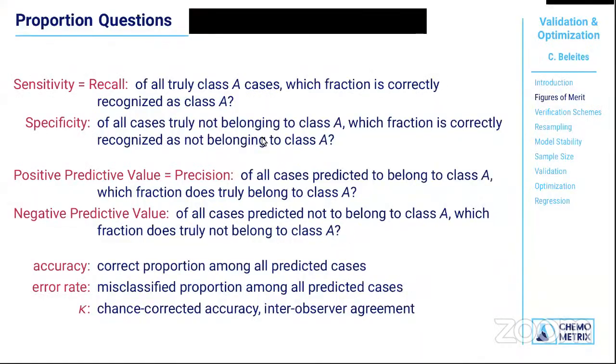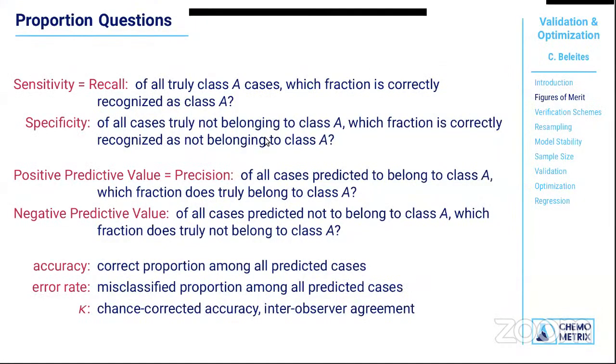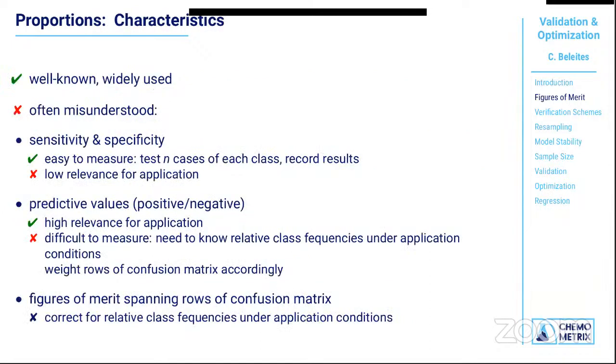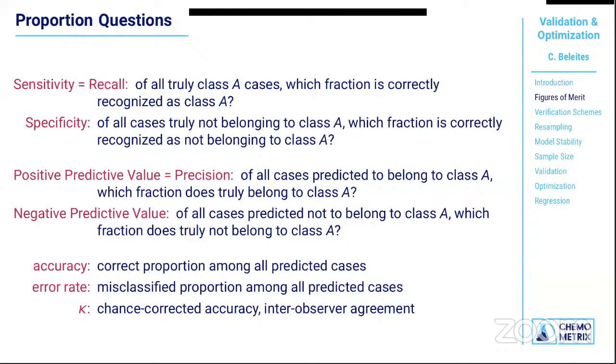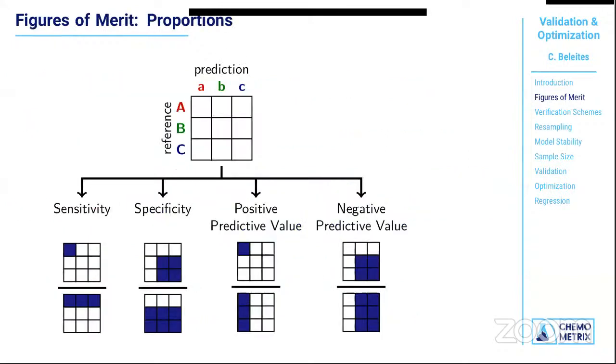With that, let's have a look at our figures of merit again. In general, we can say that any kind of proportion here that summarizes more than one row of the confusion matrix means that you need to think hard whether the relative counts in your rows are correct for your application scenario.